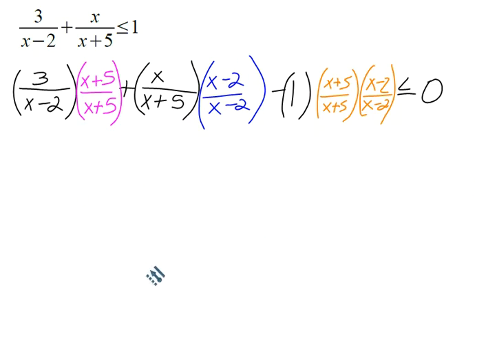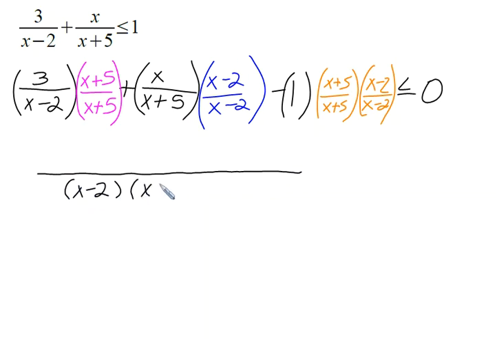Now this is just going to be a big fraction, so we'll just write the denominator once in the big fraction, and that denominator is x minus 2 times x plus 5. The whole fraction has to be less than or equal to 0, and now let's figure out the numerator.